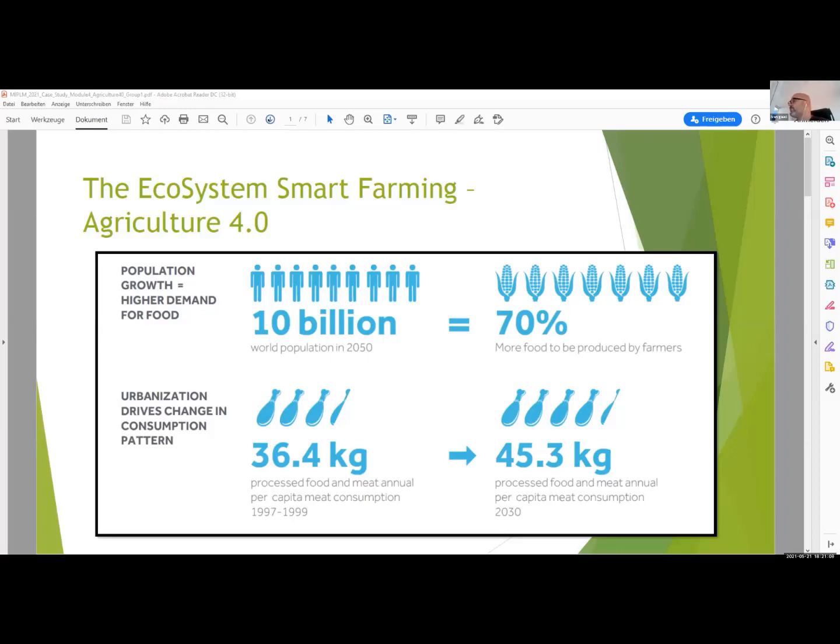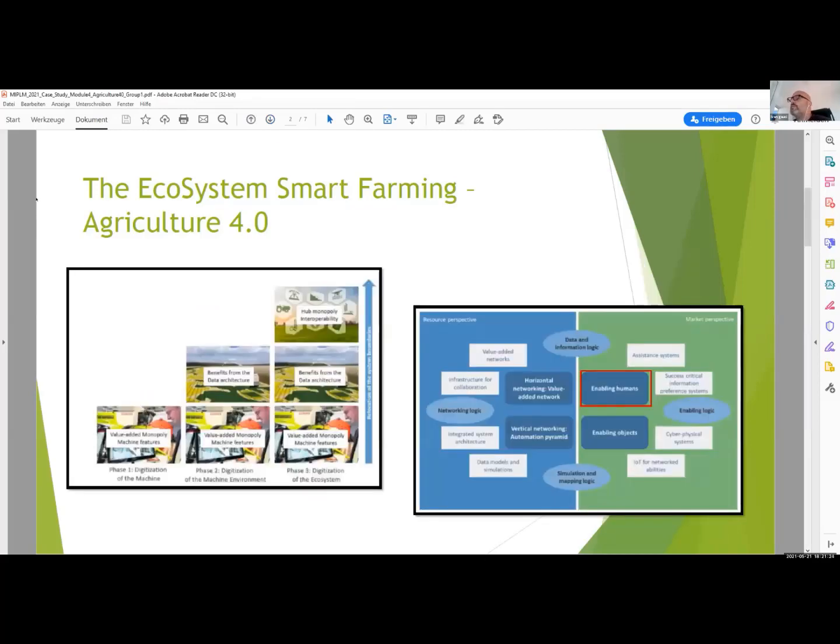We have also seen that this sector has somewhat missed the area of innovation. What we'll go into in this presentation is to identify how the digitalization of the agricultural sector moved. Phase one is more about the machine, integrating what the machine does in terms of data and performance.